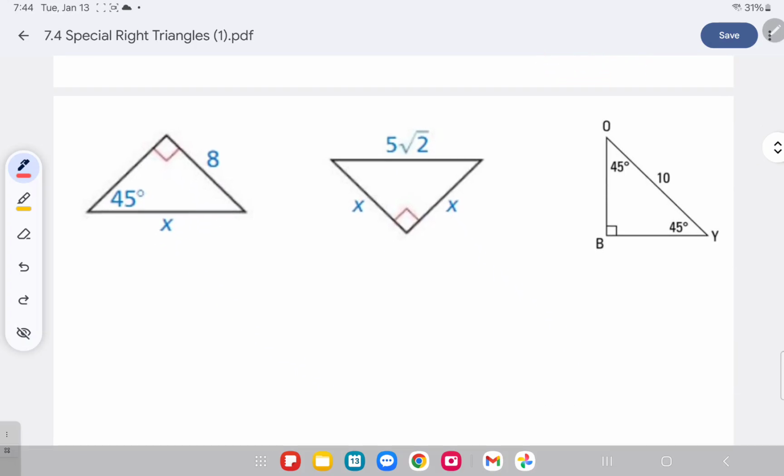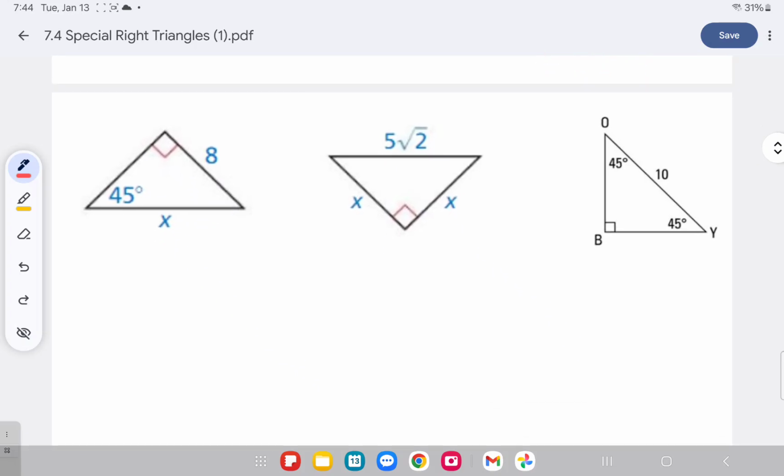So here's some more practice with the same idea. In the first picture, we know it's a 45, 45, 90 because of the 45 and 90. We know the third angle has to make the angles of the triangle add up to 180, so it must also be 45 degrees. Because it's a 45, 45, 90, we know it's isosceles, so this side length is also 8. And we're looking for the hypotenuse.